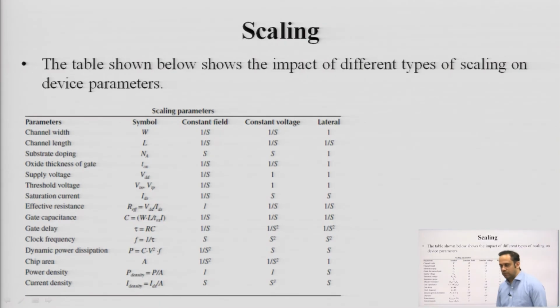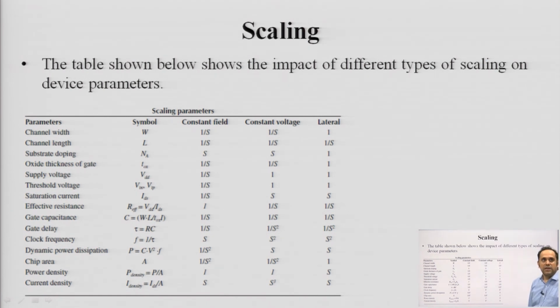The leftmost column has some major parameters like channel width, length, doping in the substrate, oxide thickness, this is your gate oxide or dielectric thickness, the supply voltage, threshold voltage, saturation current, effective resistance, gate capacitance, gate delay, clock frequency, power dissipation, area of the chip, power and current densities.